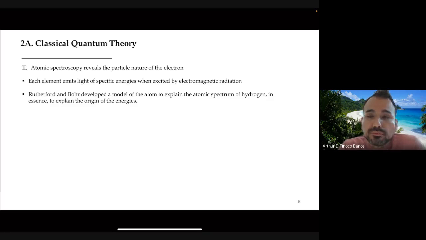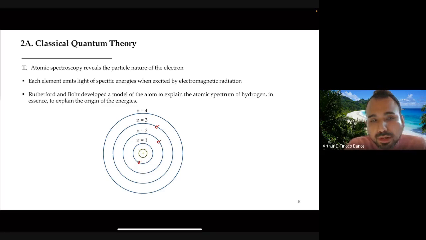Rutherford and Bohr developed a model of the atom to help explain the atomic spectrum of hydrogen. All right, that's the simplest atom to be able to explore. But more broadly, this model of the atom was to help to explain the origin of the energies.